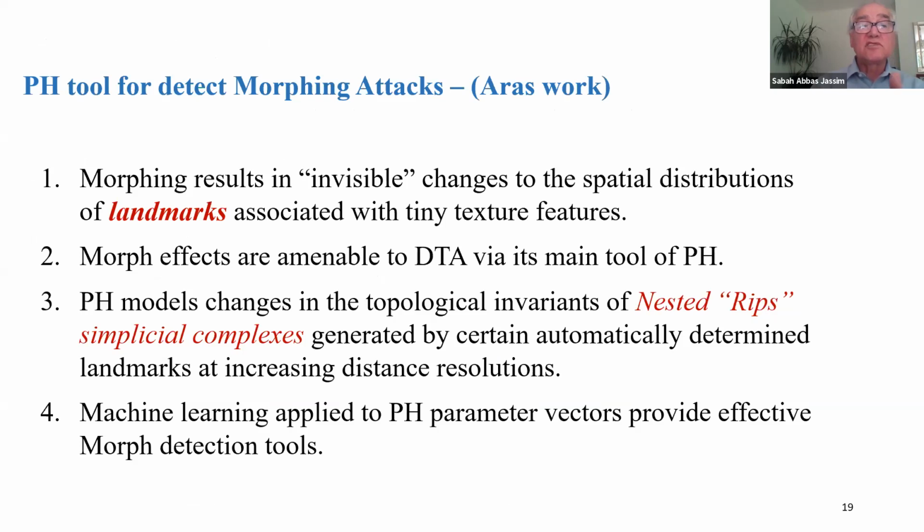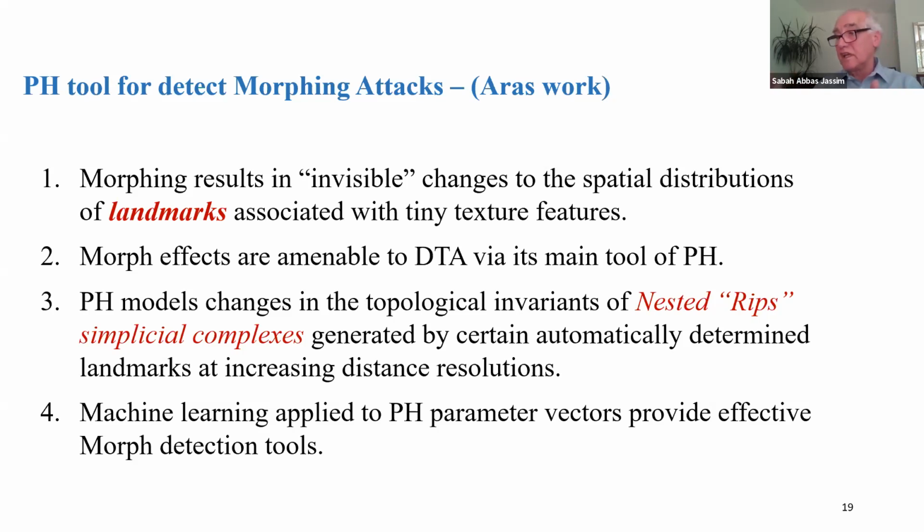So Aras worked on these, taking landmarks, building the persistent homology for genuine and for morphed ones, and tried to build a tool to detect these things. The point is that morphing results in invisible changes.